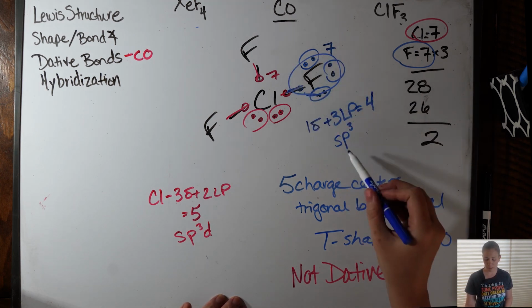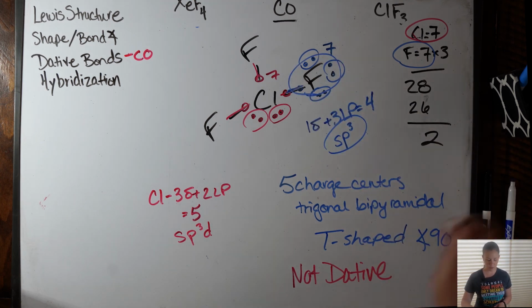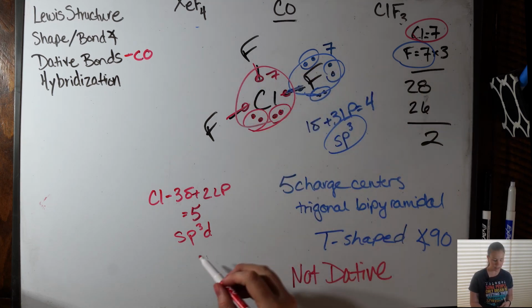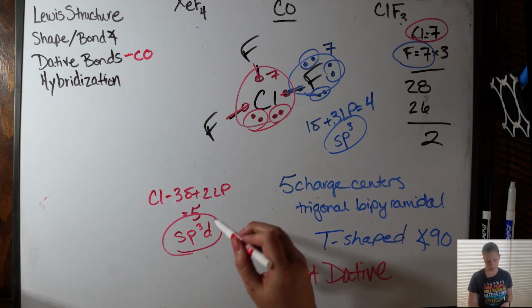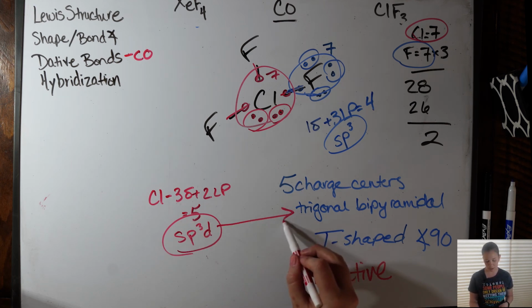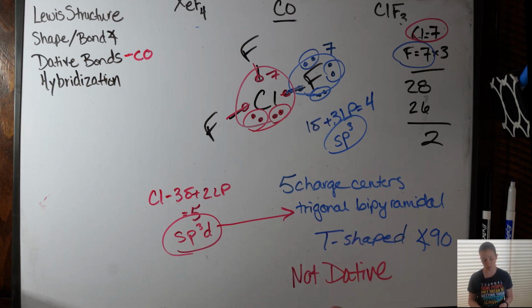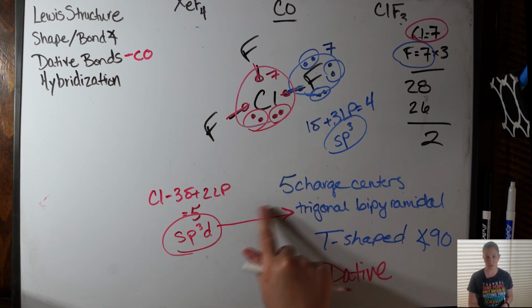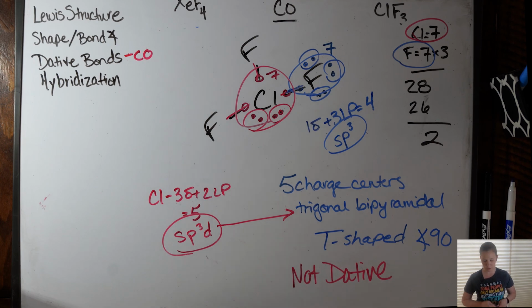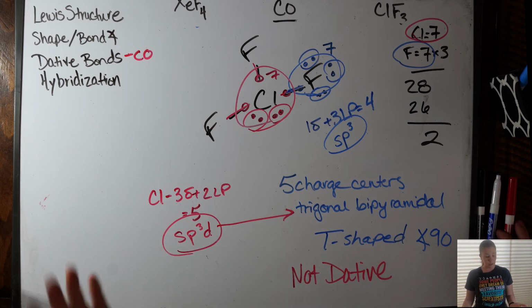So the fluorine is sp3 hybridized, whereas the chlorine is sp3d hybridized. That central atom hybridization is kind of what drives the shape here too. So you want to make sure that you have 5 orbitals when you have 5 charge centers. You can kind of use that to check yourself. Nice little trick. All right, so I hope this helps.